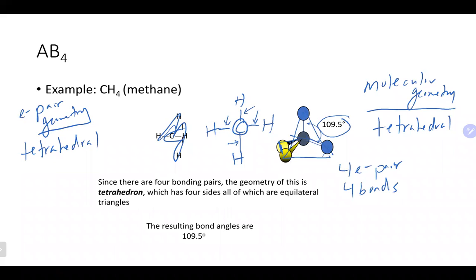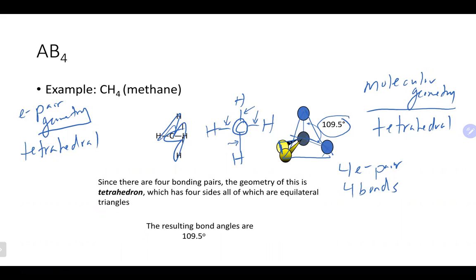So again here, no dots on the central atom, basically no non-bonding electrons. Both names are the same because again, we're only dealing with bonding electrons interacting with other bonding electrons. And again, as those atoms move, that's basically how the electrons are moving in this case. Any questions up to there?